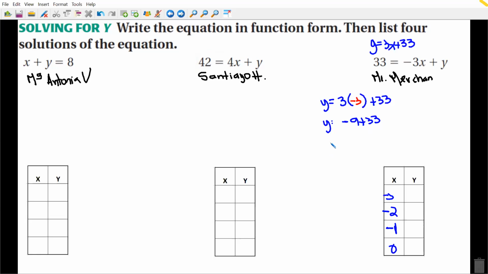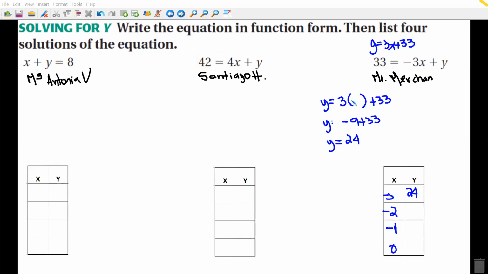So what's the answer, Mr. Merchant? The answer is 24. Good job. 24. Okay? All right. Now let's do the same process again, but by replacing for a negative 2.